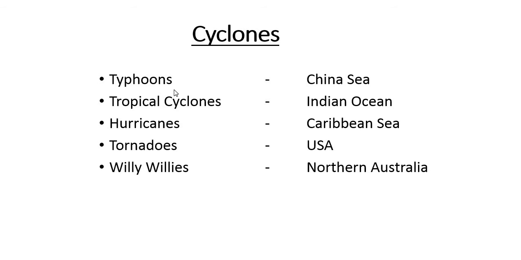Typhoons. These typhoons are seen in China Sea. Tropical cyclones, cyclones of Indian Ocean are called as the tropical cyclone. Caribbean Sea, cyclones are called as hurricanes. In USA, tornadoes. In North Australia, it is called as willy willies.